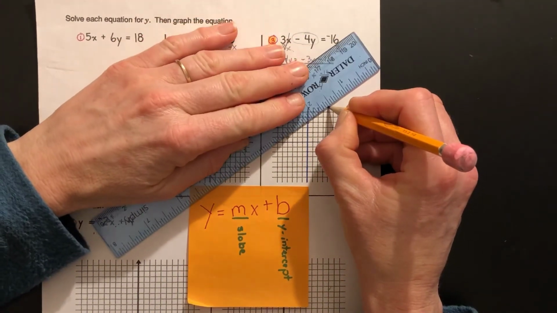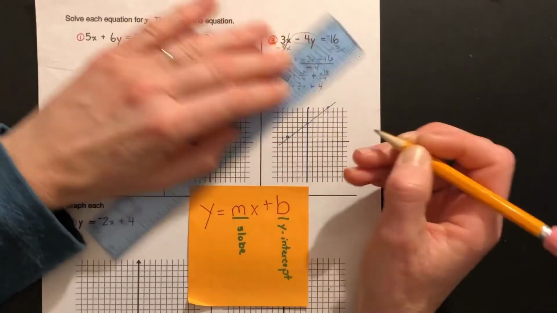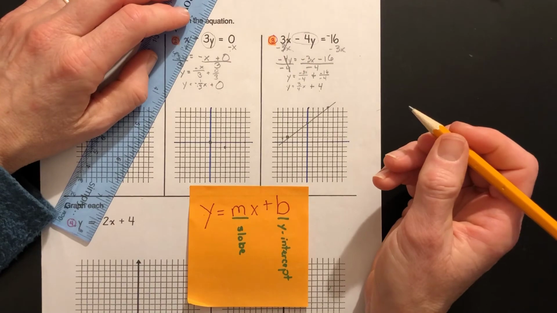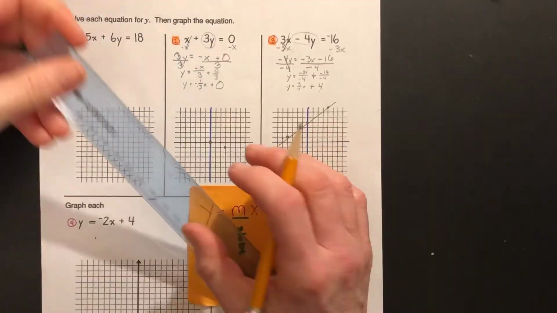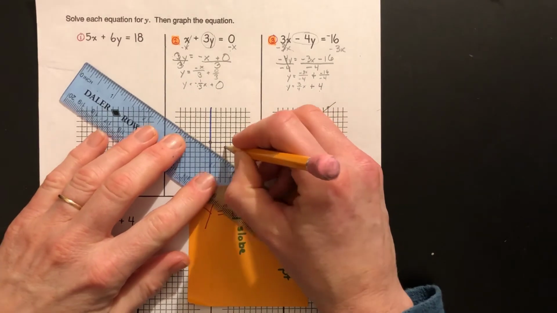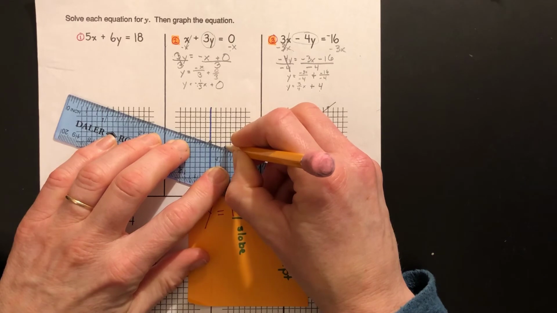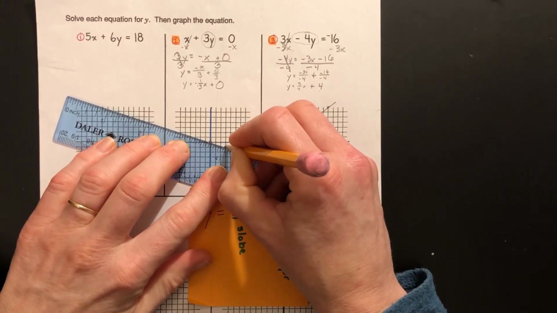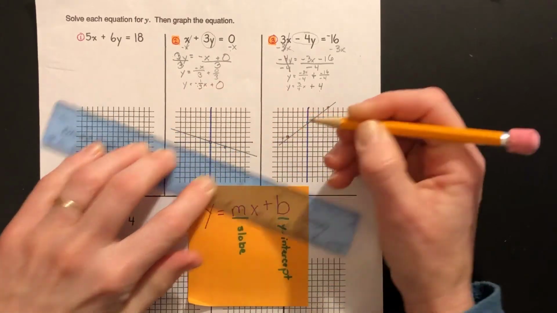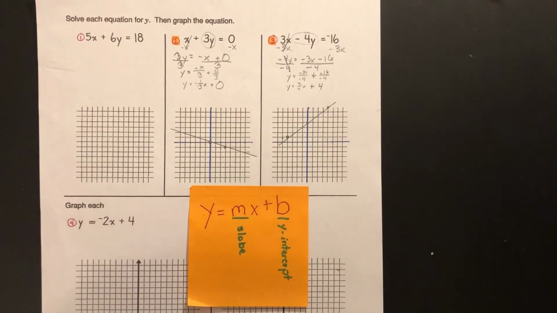Now we shall do that. There's our first line. And our second line, let's see, trying to get it precise. And that is line number 2.